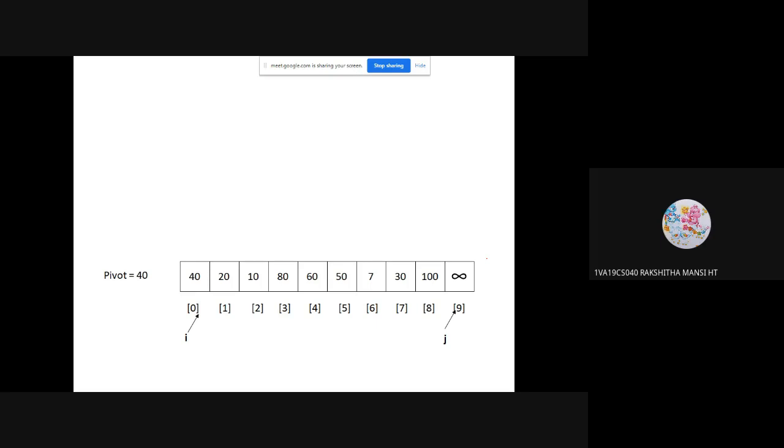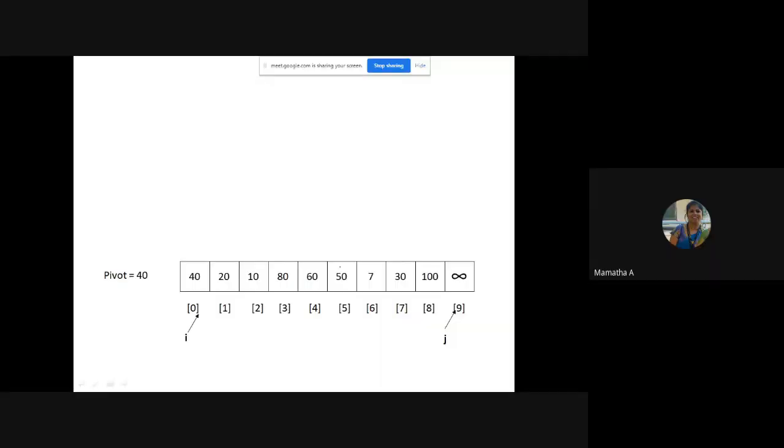Two, ma'am. How many scans? Hope I am audible. Two, ma'am. So what are the scans? Left to right, right to left. Okay.